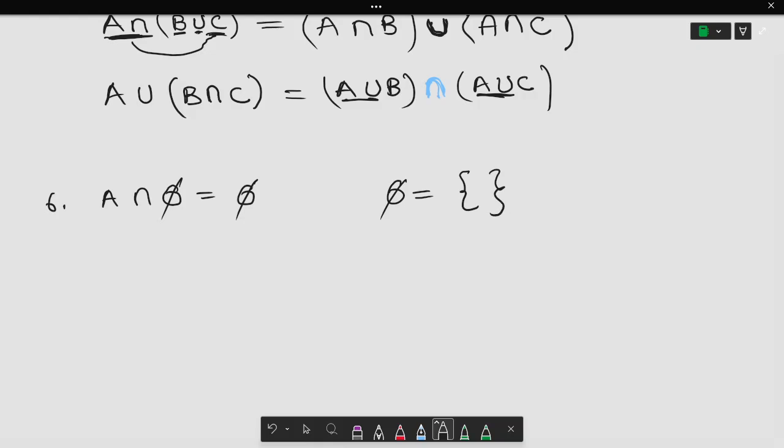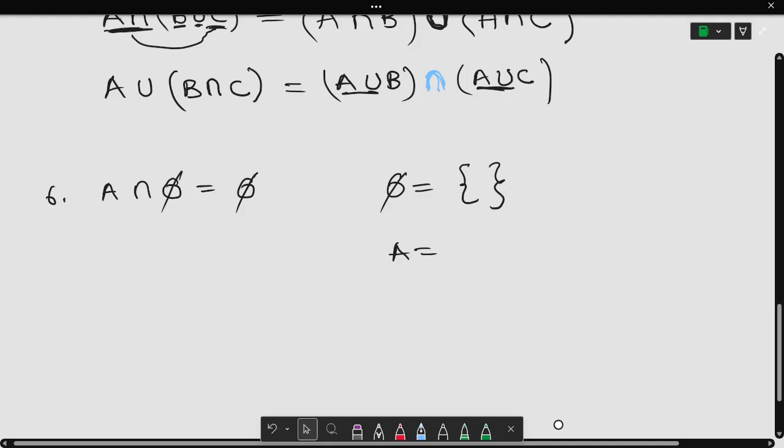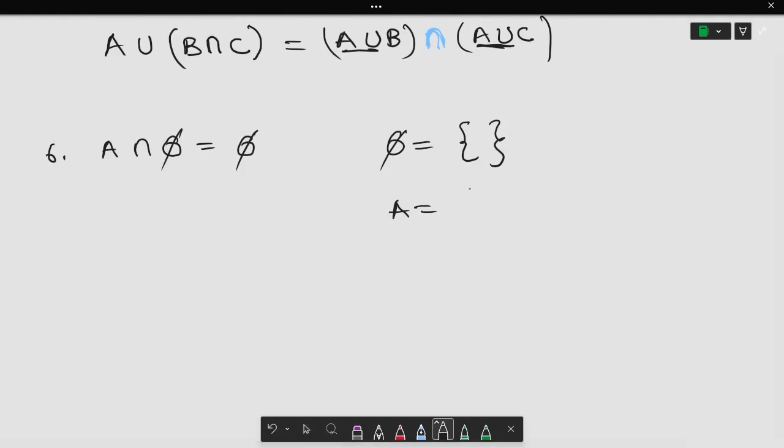So if, for example, you have set A to have 1 and 2 as its elements, and you are intersecting set A with an empty set, what you will get is an empty set. But how do we get this?